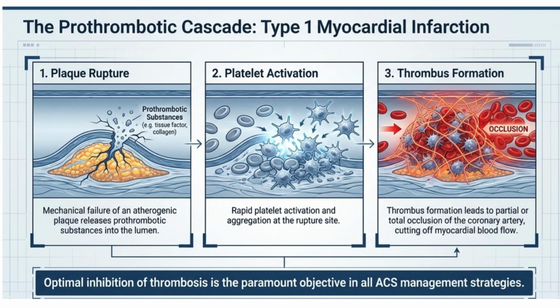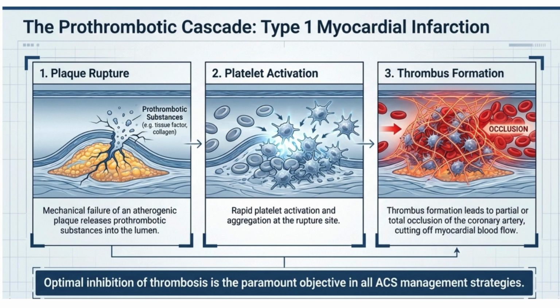Looking at this cascade, it becomes blindingly obvious why our pharmacological choices are so aggressive. Every single drug we pull from the cardiac cart is specifically engineered to target a precise fuse in this exact explosion.